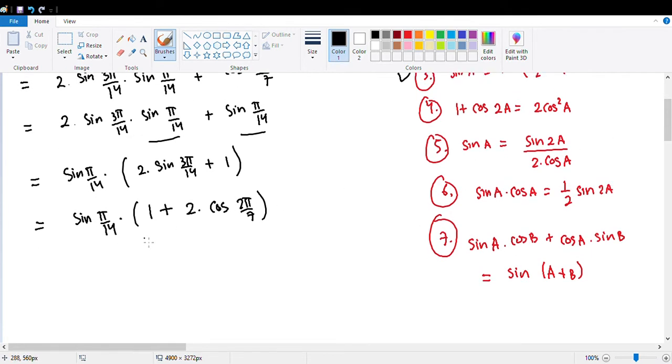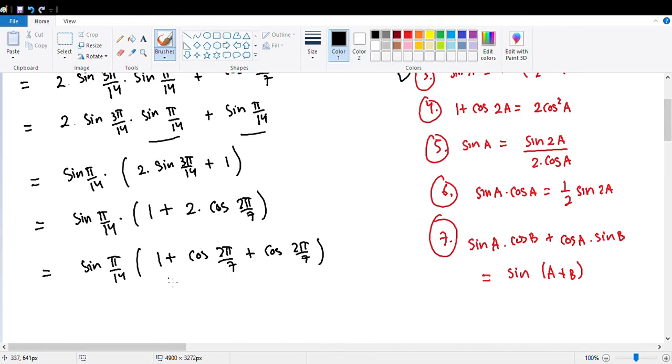And then I will split it up into two parts: sine pi over 14 times 1 plus cosine 2 pi over 7 plus cosine 2 pi over 7.